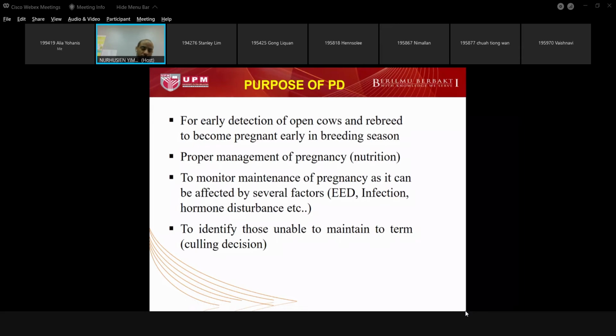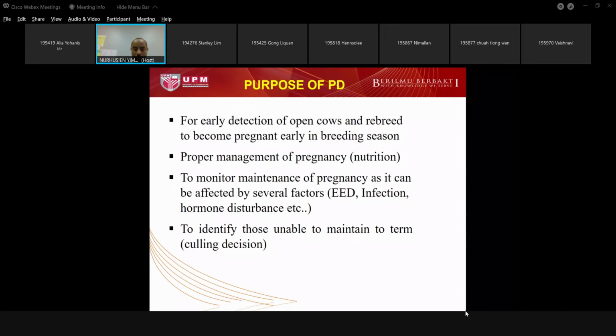The second important purpose is obviously to properly manage the pregnancy. Once you know that the animal is pregnant, then you need to prepare very well so that the pregnancy will be maintained until term in a proper way, all right? One of the most important things you benefit from is knowing what kind of nutritional management you can provide to this animal.